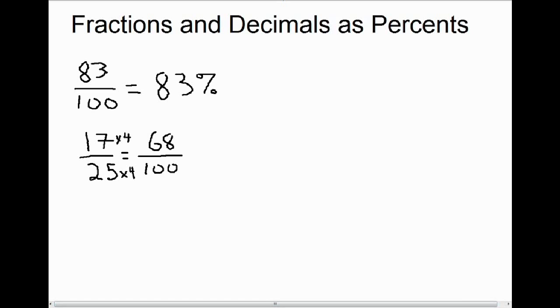So 17 out of 25 is the same as 68 out of 100. And now that we have a fraction out of 100, well, again, the word percent just means out of 100. So 68 out of 100, we can also say as 68%. So what that means is, if you got 17 out of 25 on a test, you got 68%.